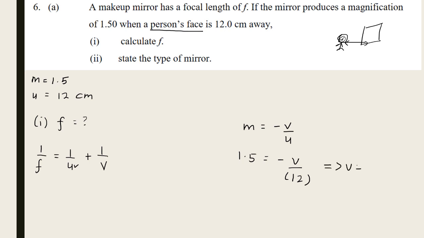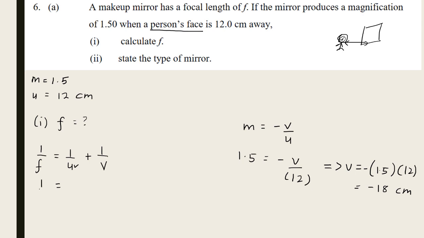Therefore, v is equal to negative 1.5 times 12. Okay, let's calculate these numbers. You'll get negative 18 cm. Okay, knowing the value of v, we can now calculate focal length using the mirror equation that we wrote at the beginning of the solutions.